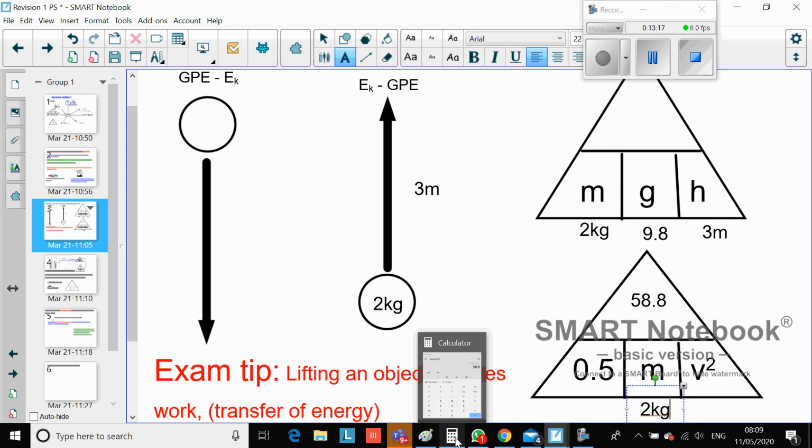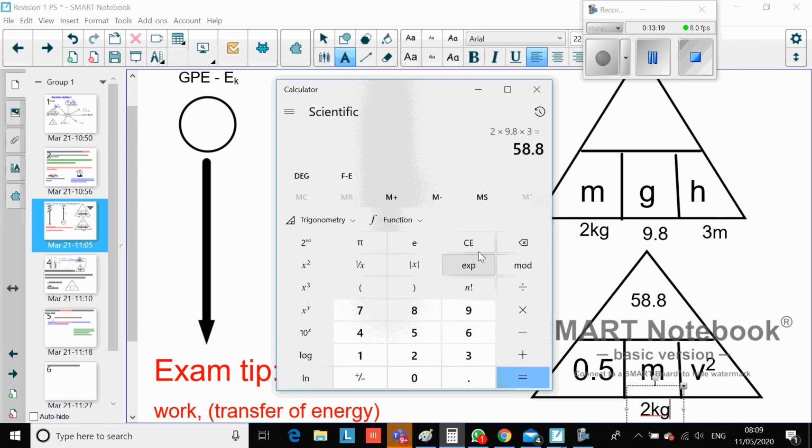Okay, so once again, what we can do, just clear that, we do 58.8 divided by half times 2 equals 235.2. Right, well, here's the problem. That's the velocity squared.